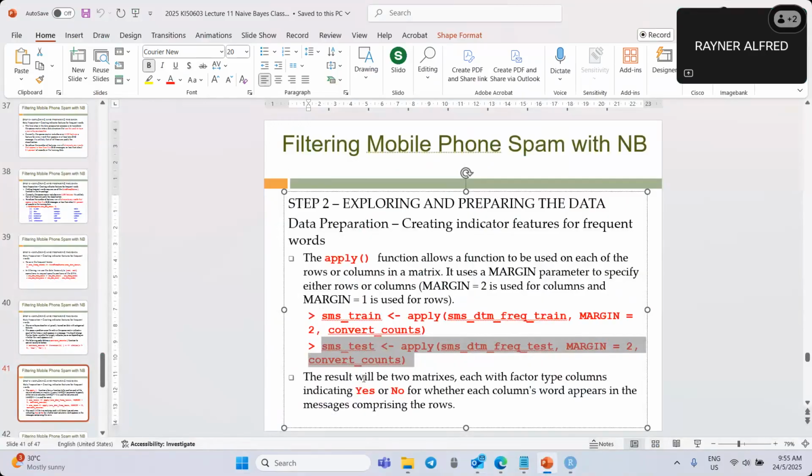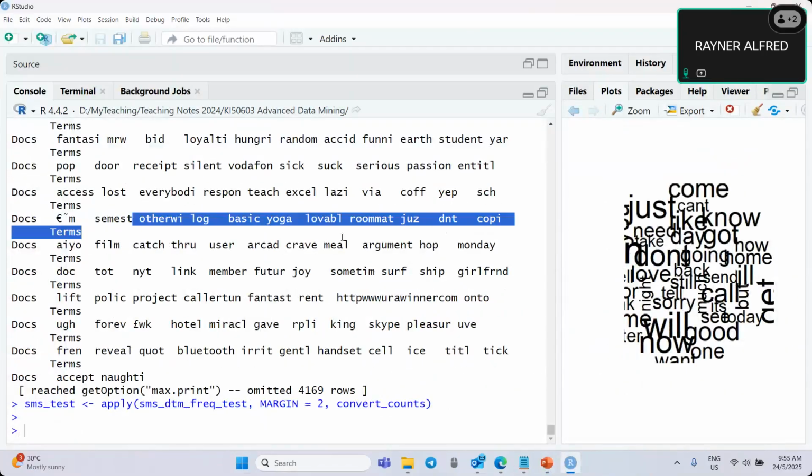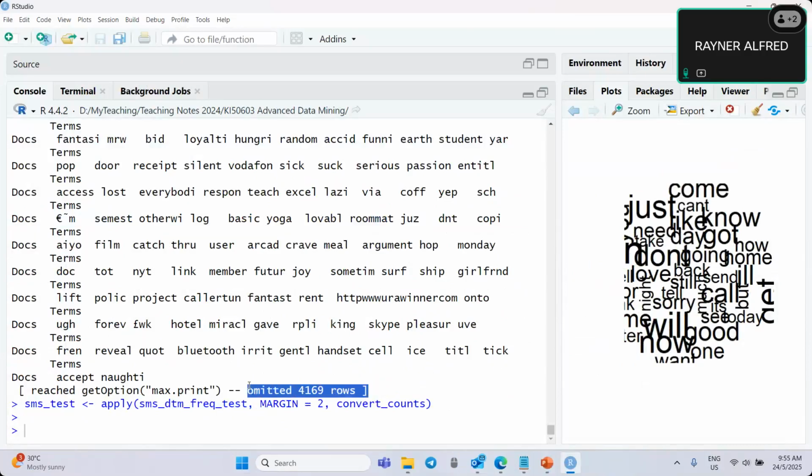As you can see, the result will be two matrices, each with factor type columns indicating yes or no for whether each word would appear in the message. Basically what you have here is a term, and then the others follow at the bottom, but it cannot show all of them. At the bottom you will see yes, no for each of the terms.